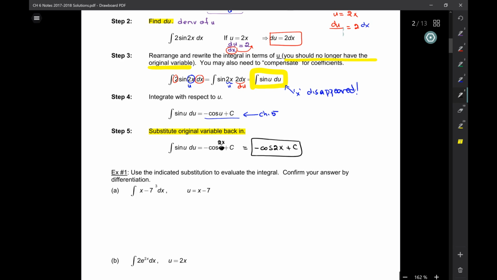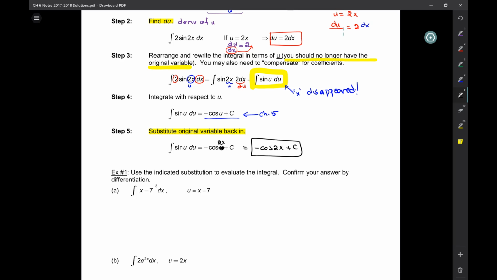So the u disappears momentarily, and the x disappears momentarily, but then the u should go back as well. Here's a rule of thumb when you're dealing with mathematical problems, whether it's math or physics or whatever. When you're solving a problem, you are free to introduce any variable you wish to make life easy for you.